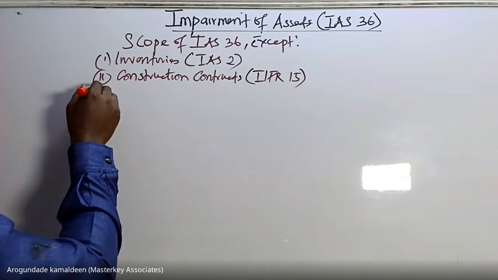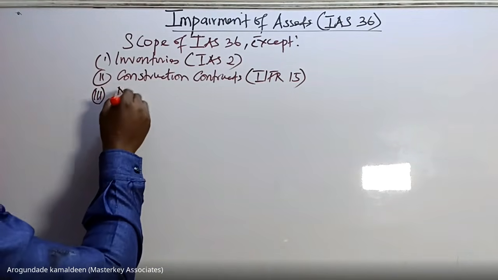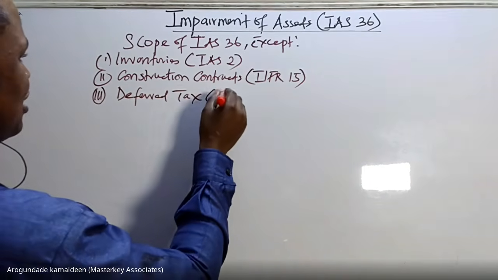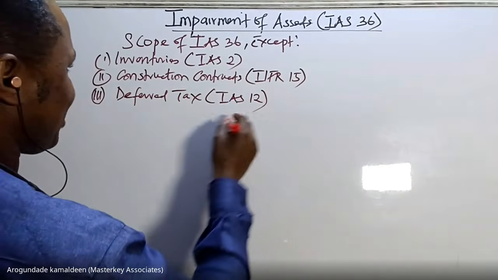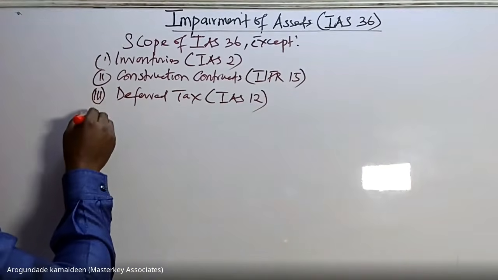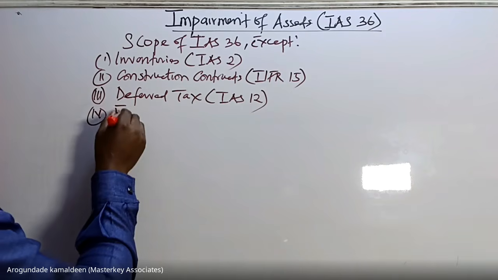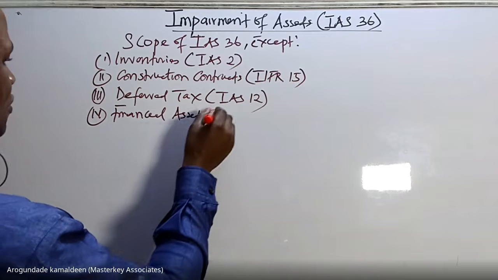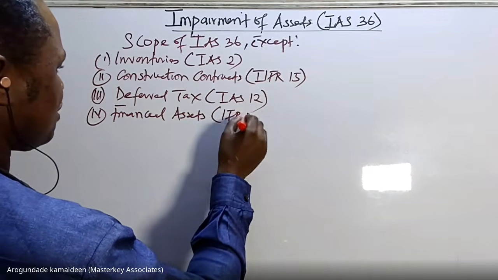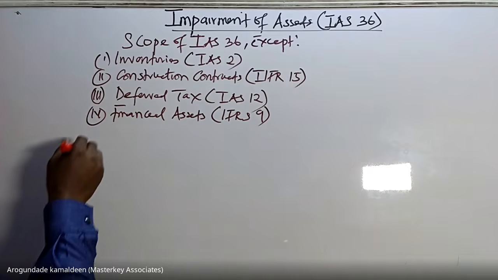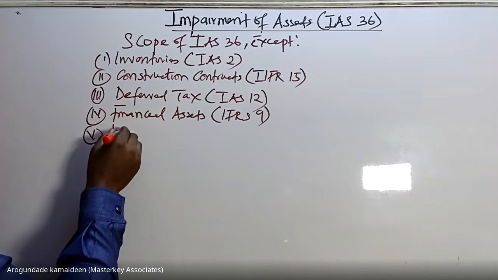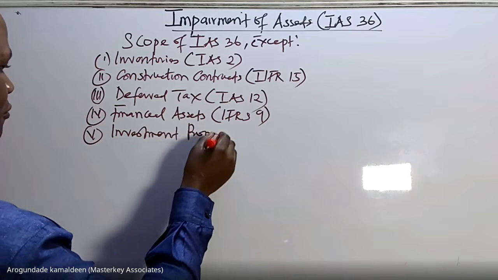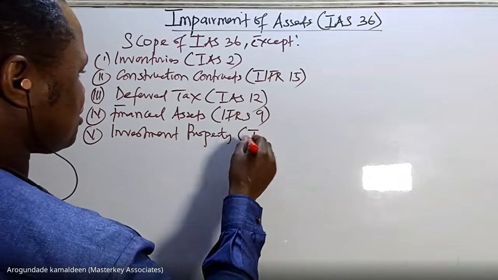Also, you have deferred tax, IAS 12. We are going to do all these. Next, you have financial assets, impairment of financial assets by IFRS 9, financial instruments. Also, investment property, IAS 40.